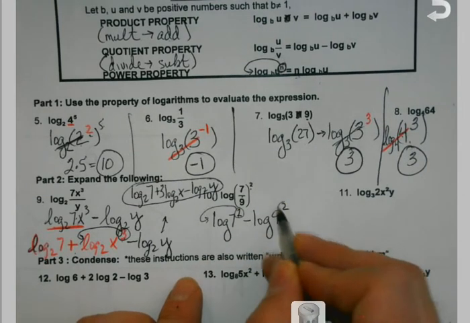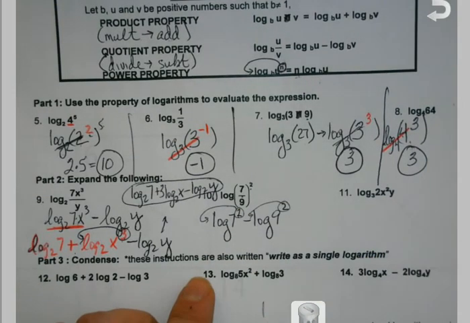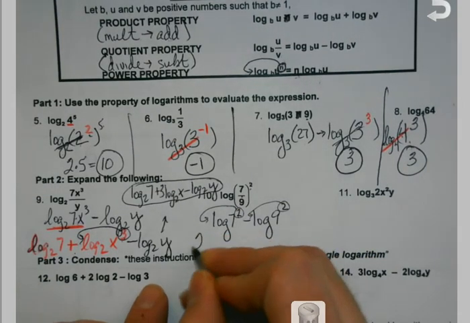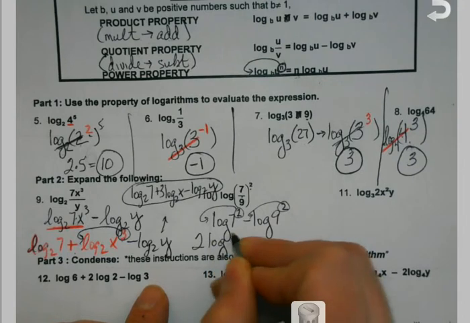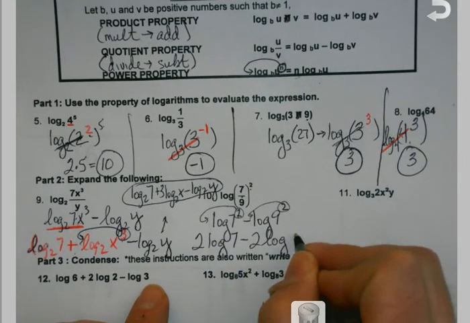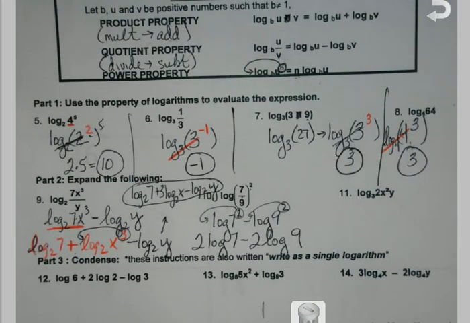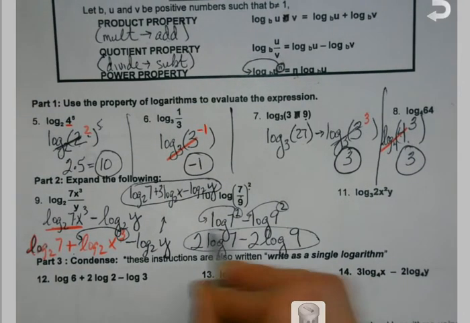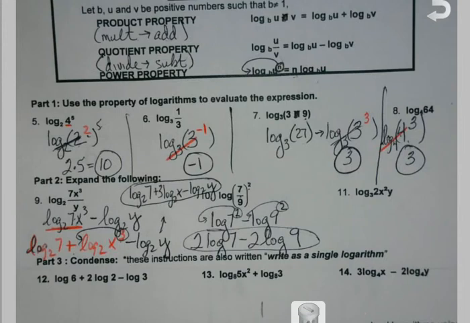Exponents become coefficients. Again, once I no longer see exponents, or any products, or any fractions, or division, that lets me know I've simplified this as much as I can.